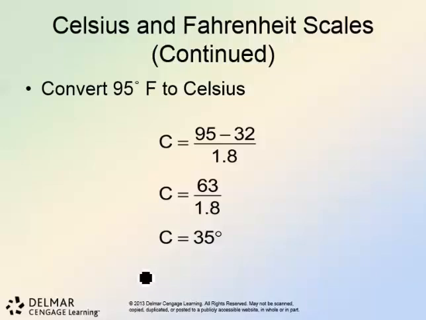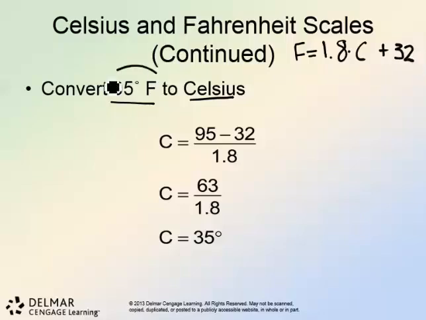So we want to convert 95 degrees Fahrenheit to Celsius. So going back to the formulas, the one you're going to memorize is Fahrenheit is equal to 1.8 times C plus 32. Well, in this problem, we know a temperature in Fahrenheit. We don't know Celsius.